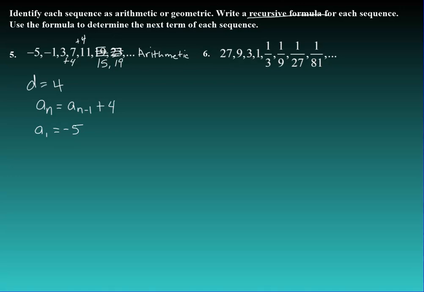Okay, and that way you can figure out your sequence. In our case, we're going to take a sub 7 is 19, and we want to find a sub 8. So that's going to be 19 plus 4, which is 23. And that would be our next term.